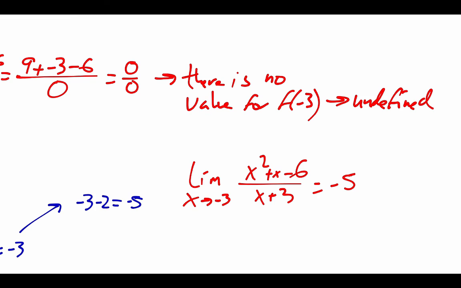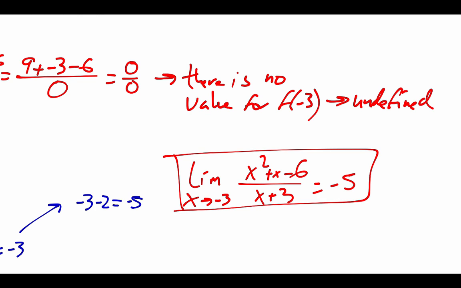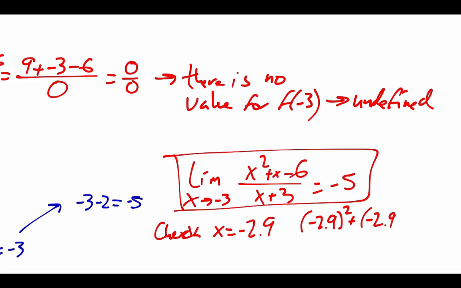Now, if you want to check it out, you can plug in some values that are really close to that x value. So I'm going to check out x equals -2.9. We end up with -2.9 squared plus -2.9 minus 6 over -2.9 plus 3.